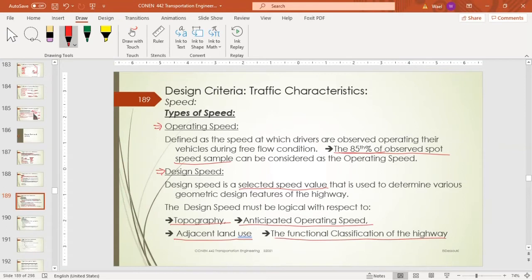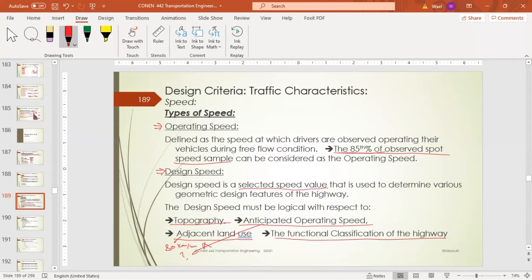For example, you cannot design a highway in the desert, where there's empty land on both sides of the road, and select the design speed to be, for example, 80 kilometers per hour. Why? There is no justification for that, so you are not anticipating such a speed in that location.